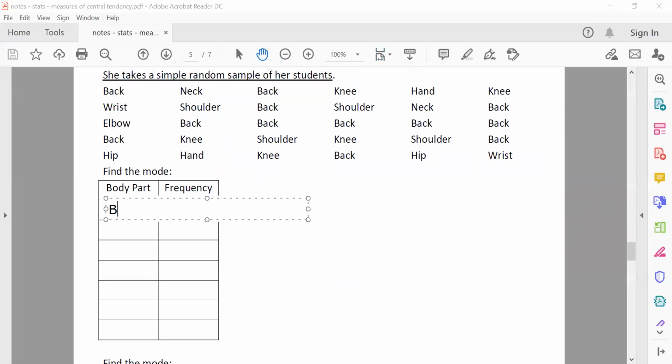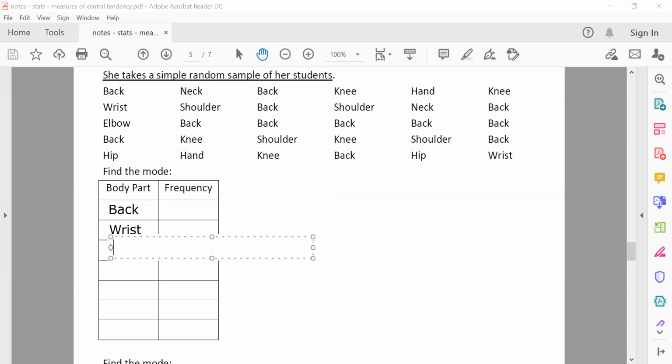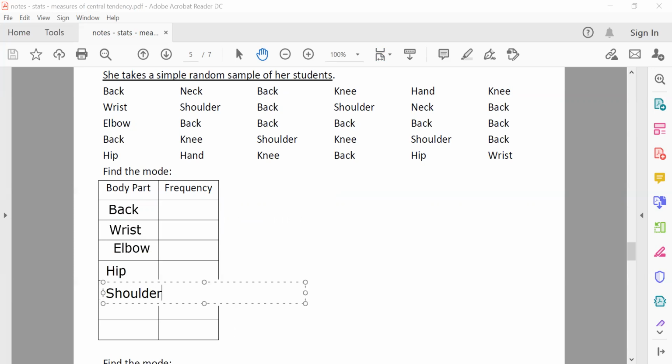We had back, wrist, elbow, hip, shoulder, knee, and hand. You can have those kinds of injuries. We'll make a quick frequency distribution for this so that we can see which ones are occurring the most and which ones are occurring less.